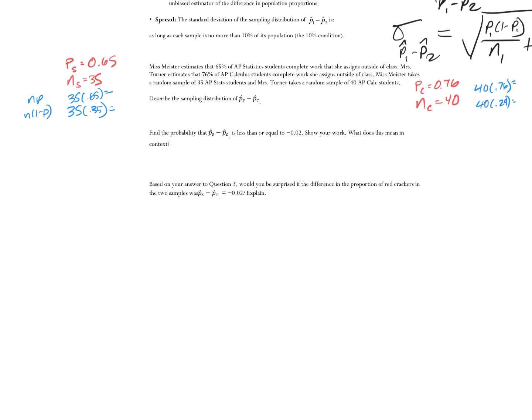For the first one, it's like 22.75. Cool, and this one is 12.25. So for the statistics group, we can say that the p-hats are approximately normal.